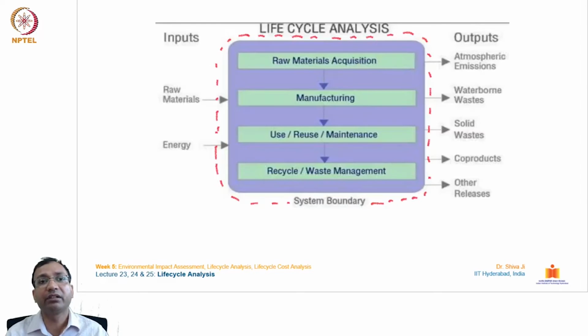It will be clearer in this illustration over here if you see. This red dotted line is the system boundary of that particular product, for example.